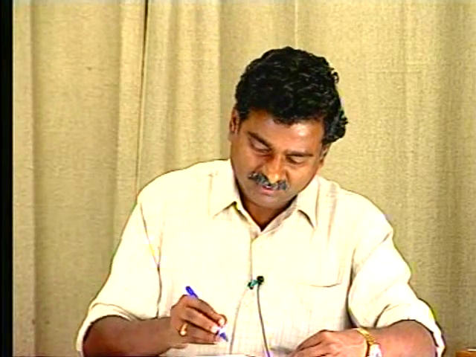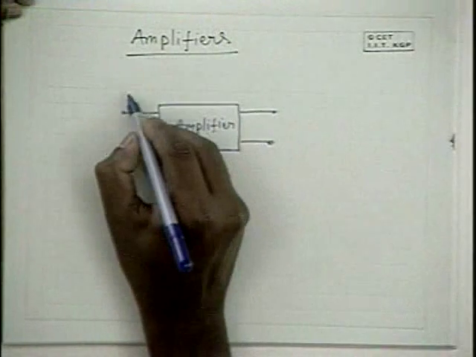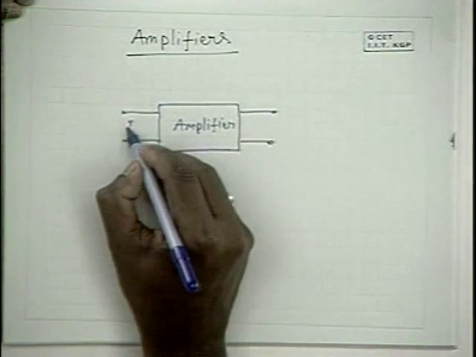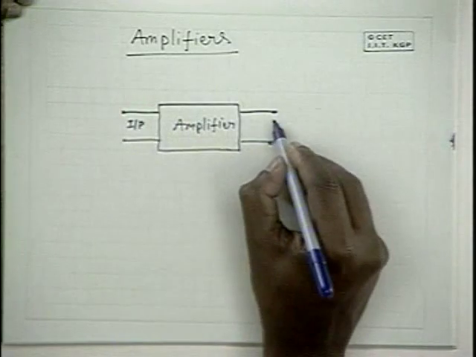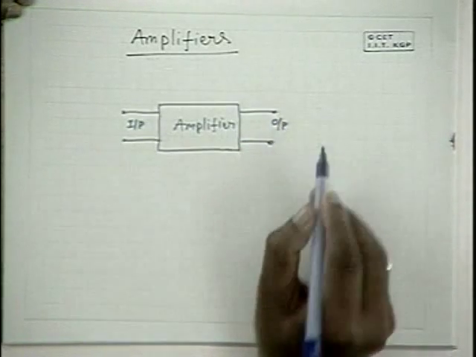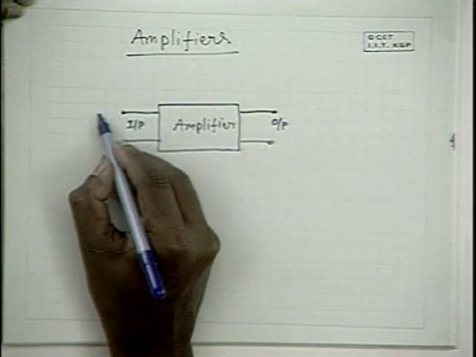The signal may be amplified in voltage or current or both. So there would be some power gain when you use an amplifier for the input signal. Please look at this diagram. The amplifier has an input port, and we apply an input to it and get an output at the output port.